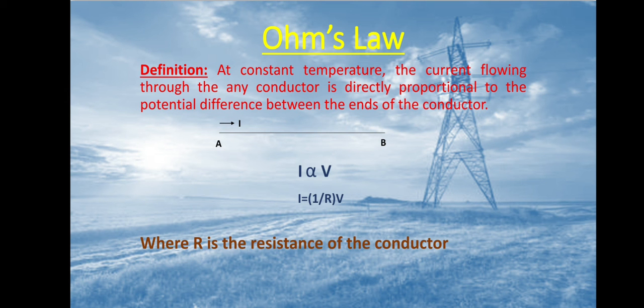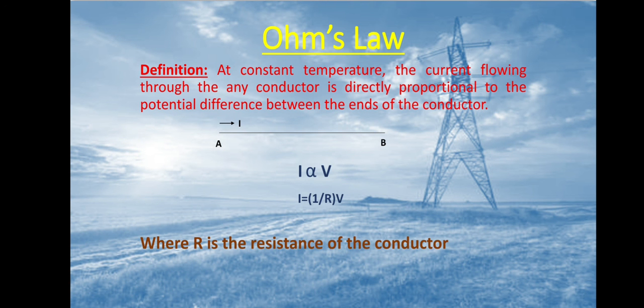The current flowing through the conductor I is directly proportional to the potential difference between the ends of this conductor. That means the potential difference between A and B. If the current flowing through the conductor I increases, the voltage or potential difference between these 2 points also increases.